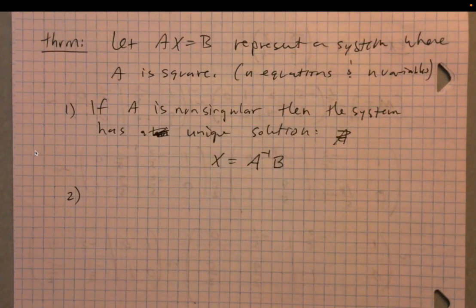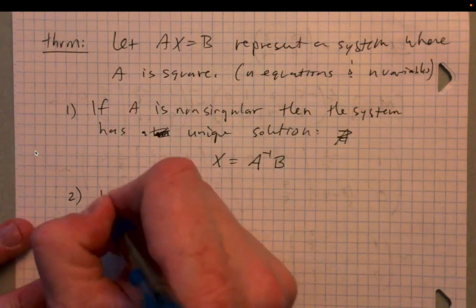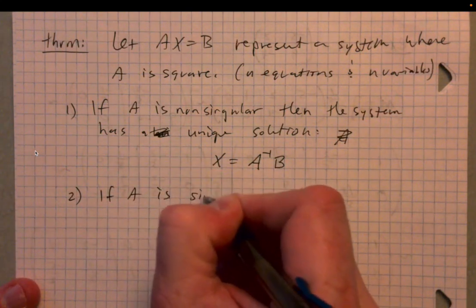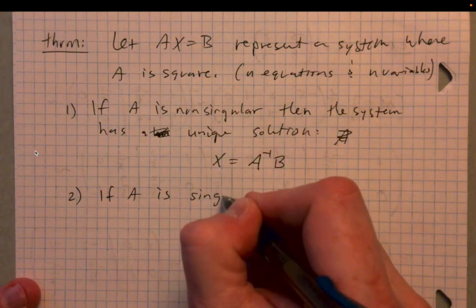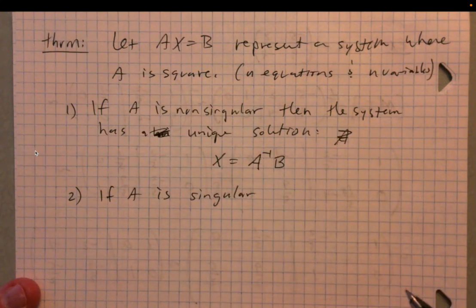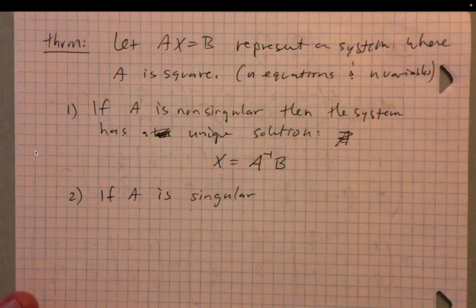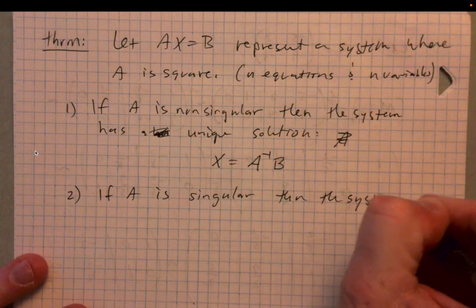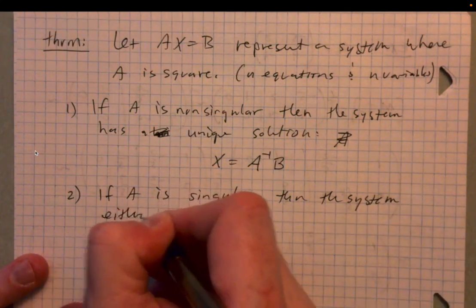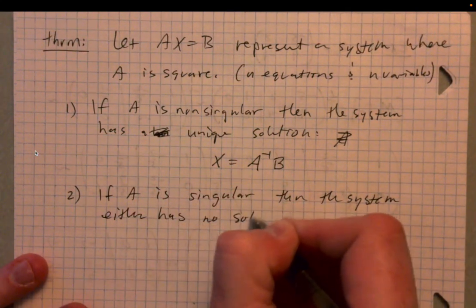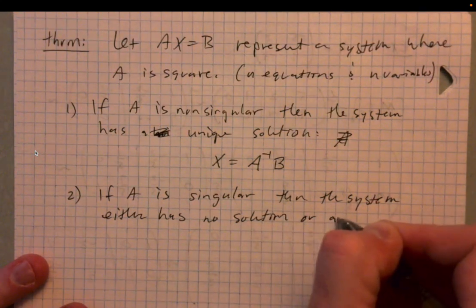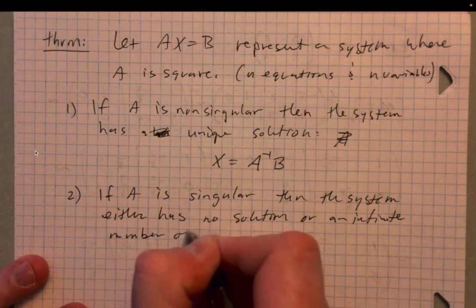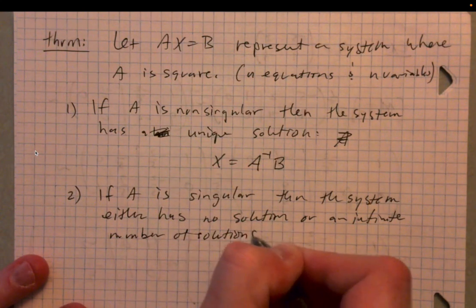Okay. And the second item is, if A is singular, non-singular up top, if instead it's singular, then the system either has no solutions or an infinite number of solutions. Okay, no problem there.